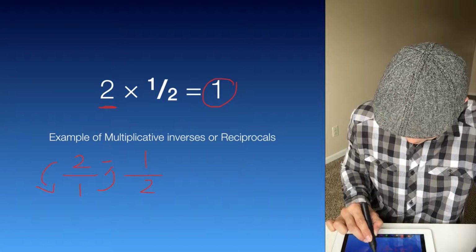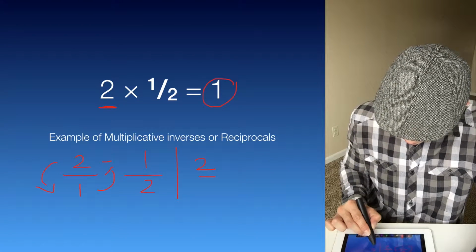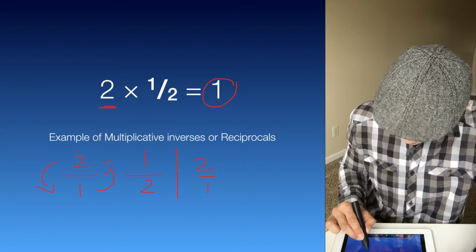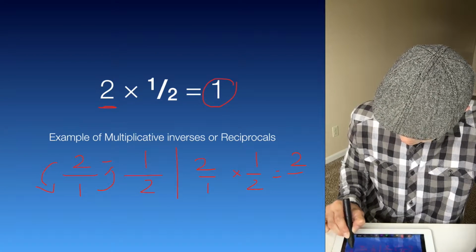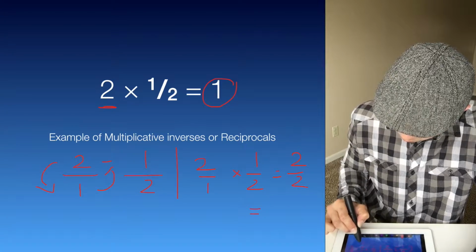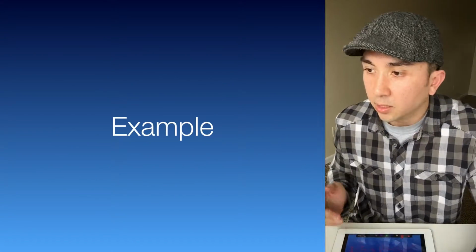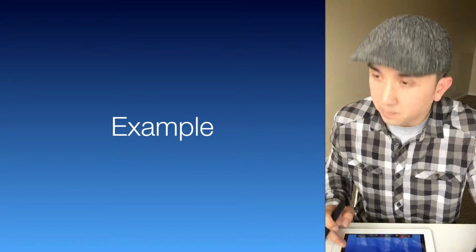When we multiply 2 over 1 times 1 over 2, we get 2 over 2, or 1.